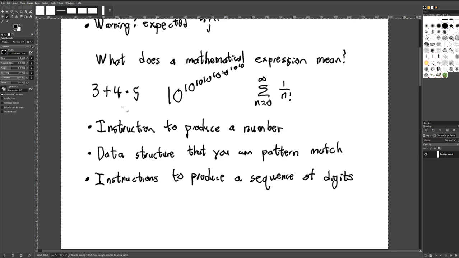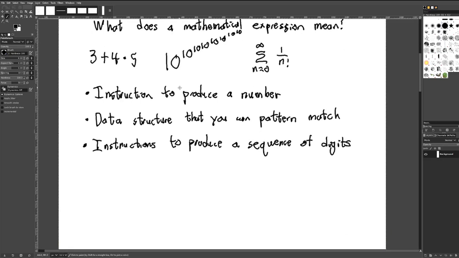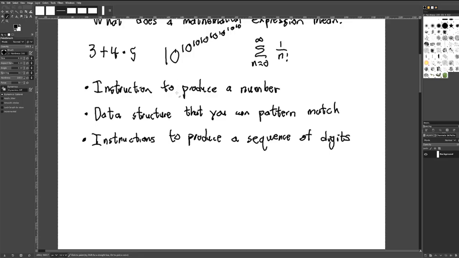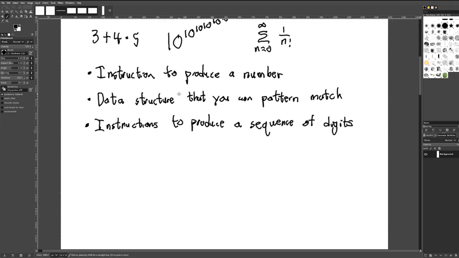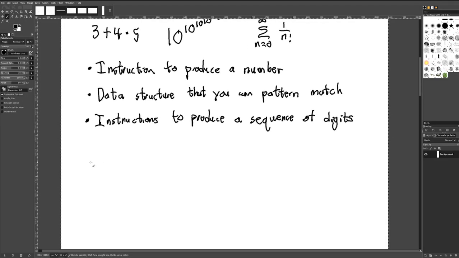And there are more types of things in mathematics than expressions. Expressions are numbers, but there can also be statements that can be true or false. Specifically, I'll talk about equalities. So what does an equality mean?